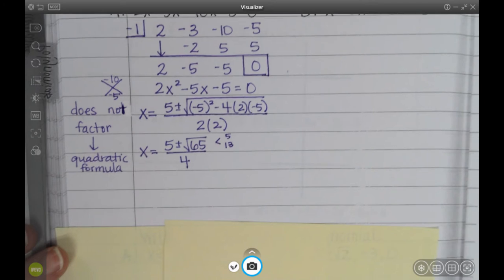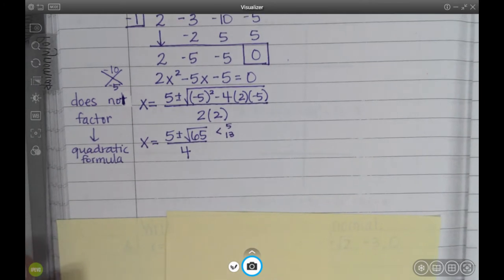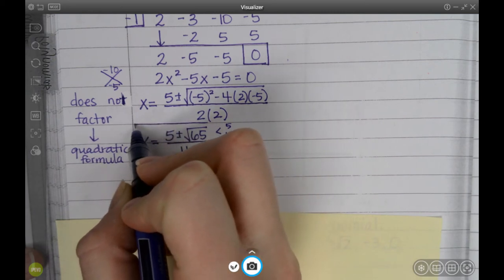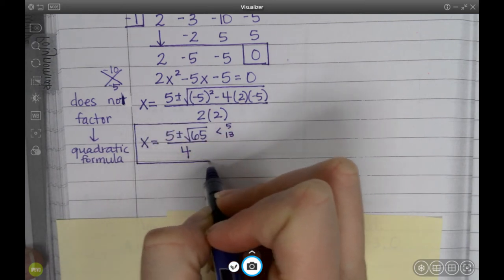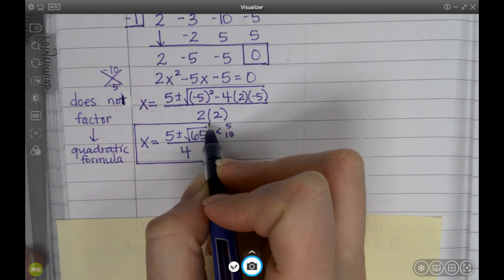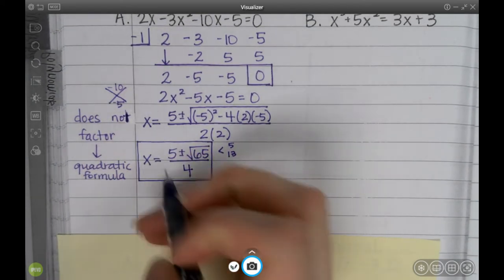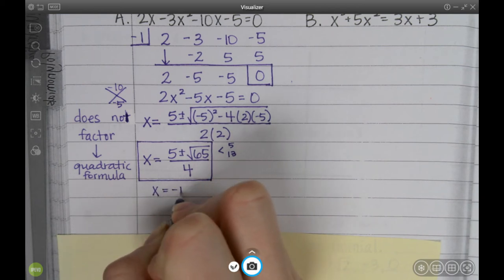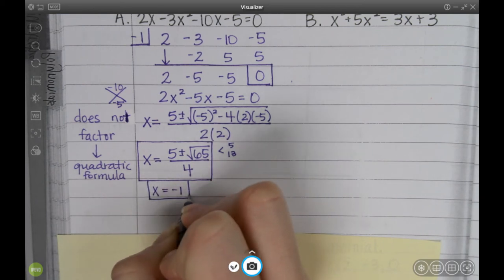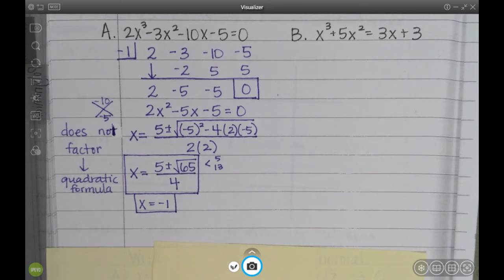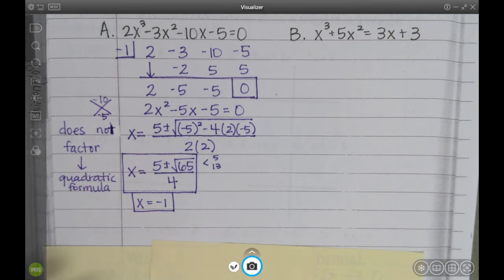Neither one of those is a perfect square, so it does not simplify. So how many answers do I have right here? 2. How many do I need? 3. What's the other one? -1 from the box. Okay, go ahead and try part B.